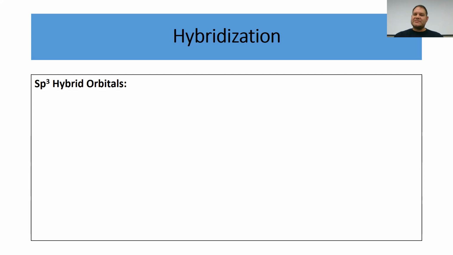Well, let's take a look at carbon. Carbon is an essential atom in many, many molecules. So carbon is a classic example of an element that will undergo hybridization. In fact, I should tell you that hybridization is limited to only a few common atoms like carbon, nitrogen, and oxygen.